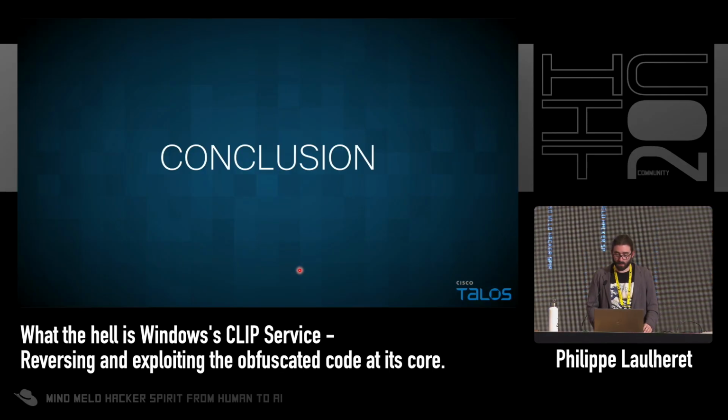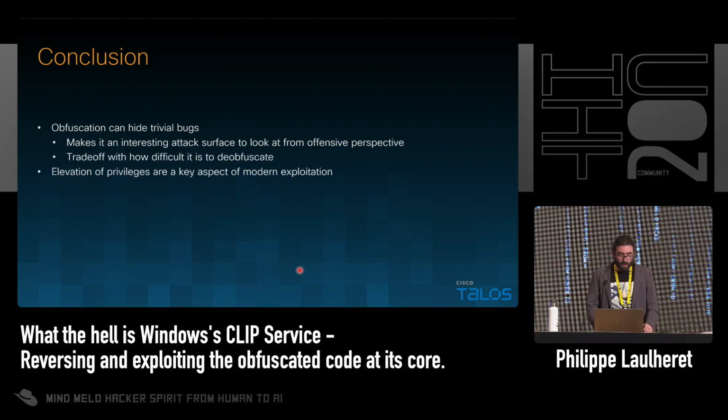And as a quick conclusion, what's really interesting to me is how the bugs I was presenting are really simple, let's say trivial, and nobody found them because the obfuscation makes them really hard to find.